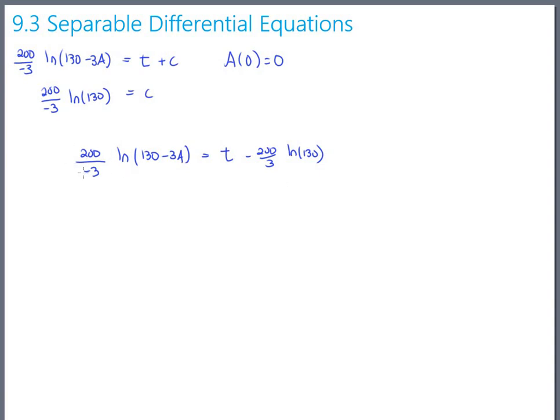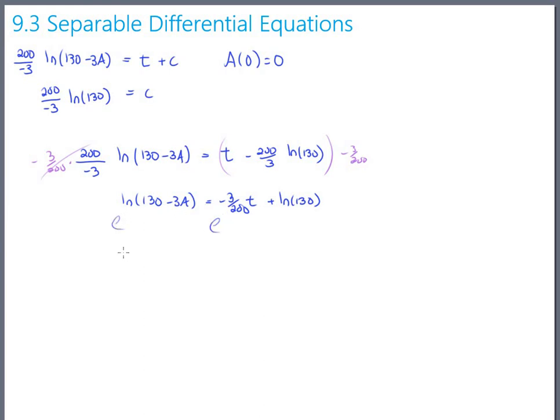So let me go ahead and multiply both sides by -3/200. So that cancels here, obviously. Natural log of 130 minus 3A equals -3/200 t plus natural log of 130.